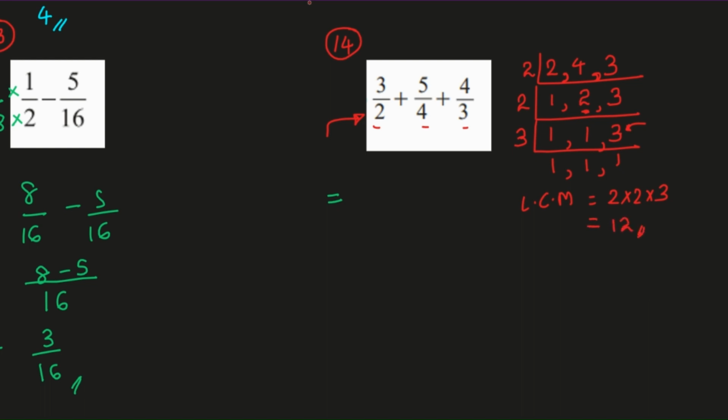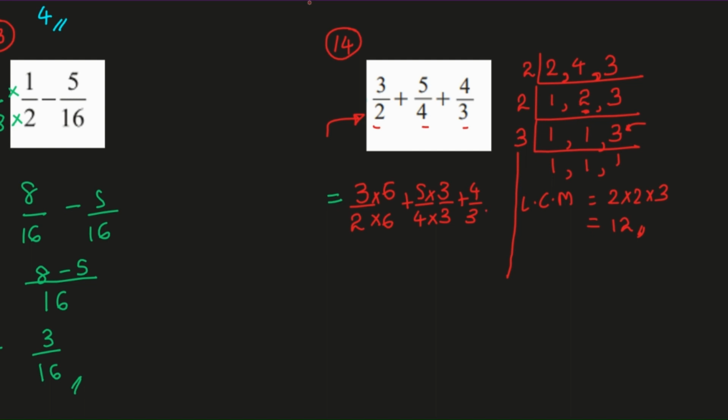So now what you have to do is convert all these values into 12. What do you have to do? 3 into 3 upon 2. In order to convert 2 into 12, you have to multiply both the numerator and the denominator by 6. Then in 5 upon 4, in order to convert it into 12, you need to multiply both the numerator and the denominator by 3, plus 4 upon 3.